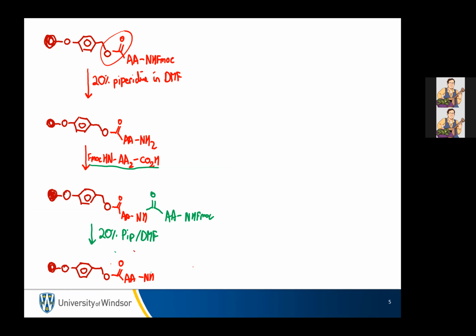And then look what we get, of course: we get the free amine, which we can put right back into here. It's the same thing, except we're now one amino acid longer. So we couple, we deprotect. We couple, we deprotect. We couple, we deprotect. Ad nauseam.